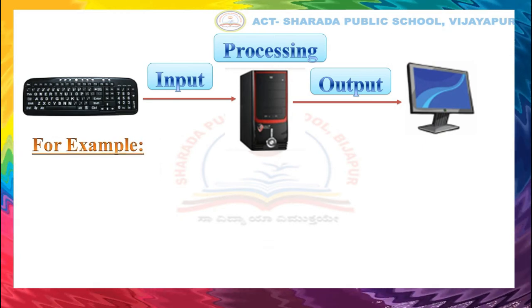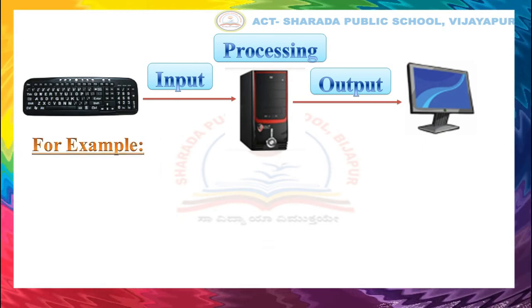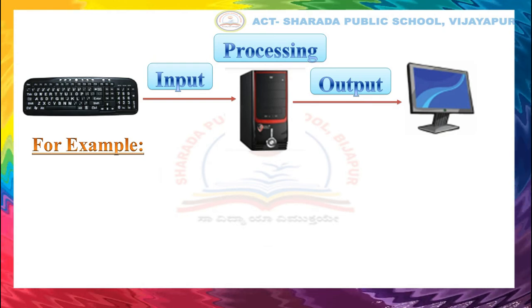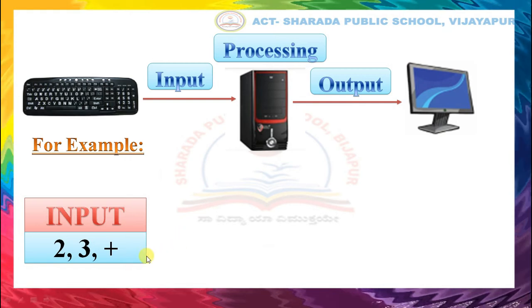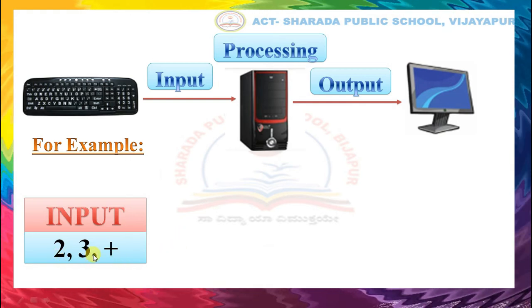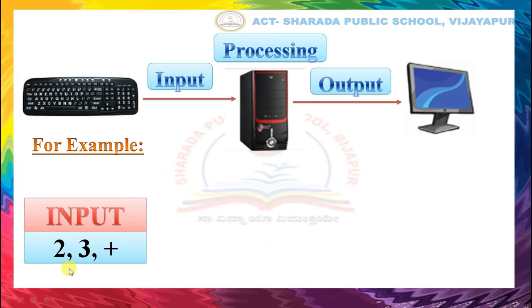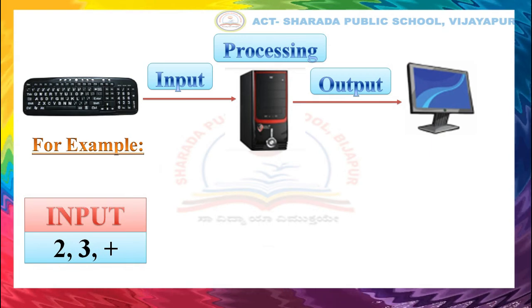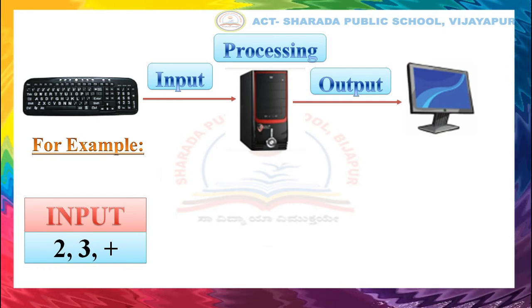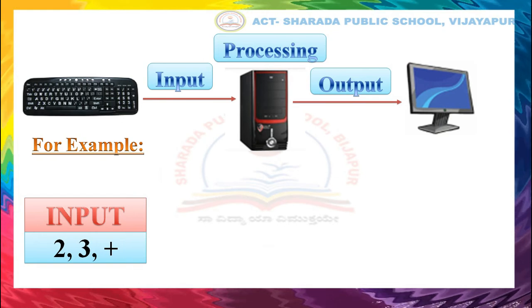Now let us understand the working of a computer with one example. Input 2, 3 and plus. The data and instructions together is the input. Here 2 and 3 is data and plus is the operator.